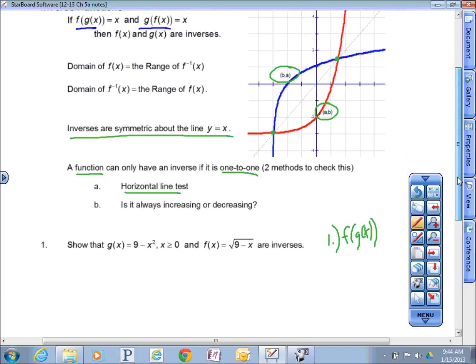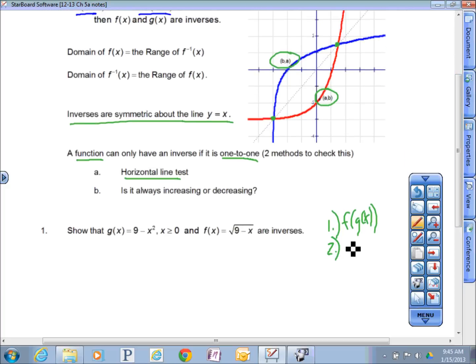I could graph both of these and look for symmetry, especially if I had a calculator available to me. Or the third thing, and this is usually how I'll do it, I could find the inverse of one of them and see if it matches. So I'm going to choose to do this third one right here.